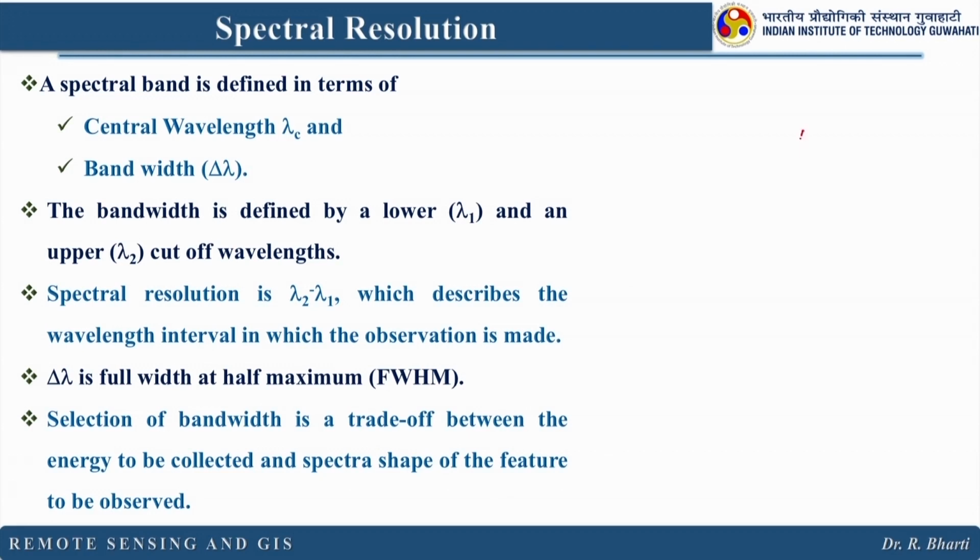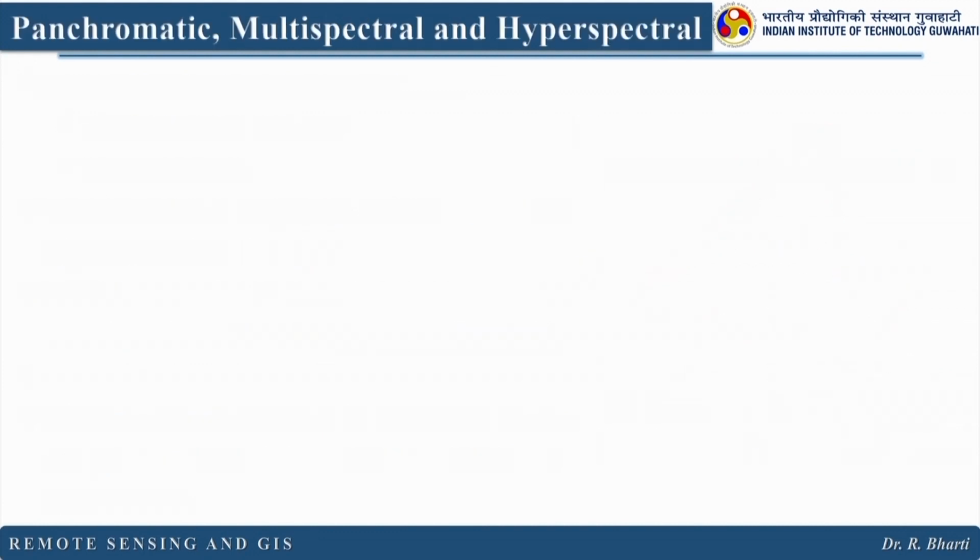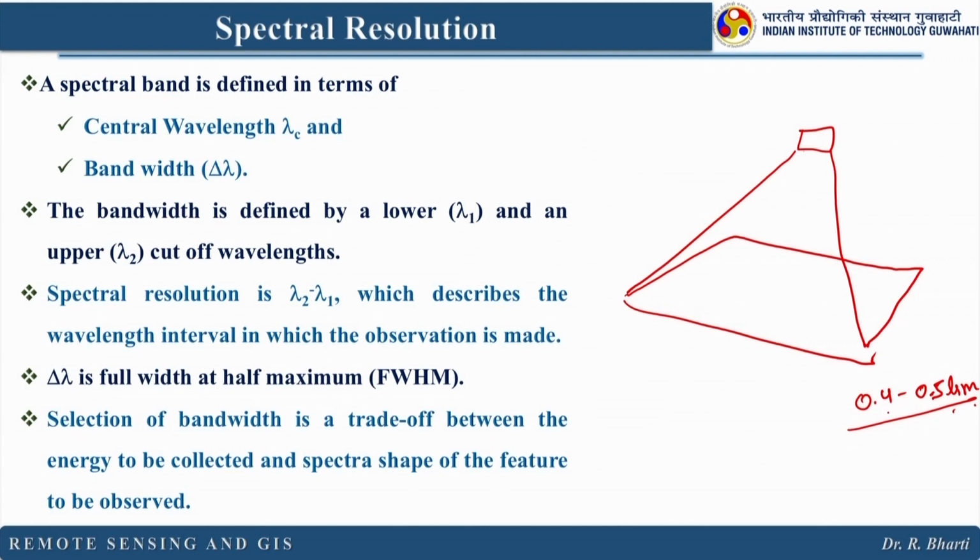So, if your sensor is capturing this particular area, right, and it is basically 0.4 to 0.5 micrometer, here you can see this 0.4 to 0.5 micrometer energy which is coming from the surface will reach our sensor, and that will be recorded.